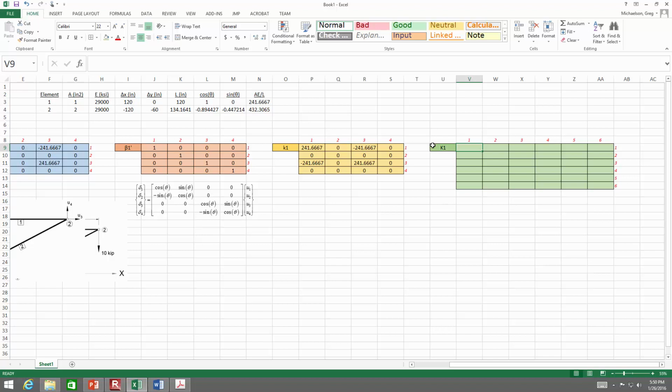So I propose that for the whole system, they go here. Does everybody see that?